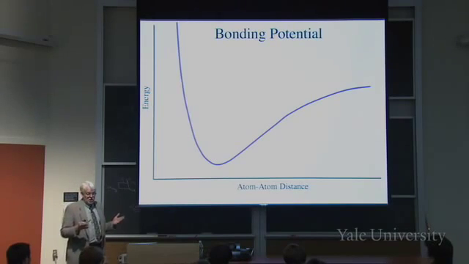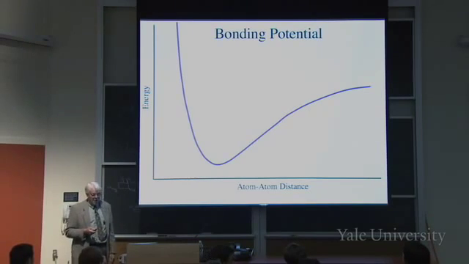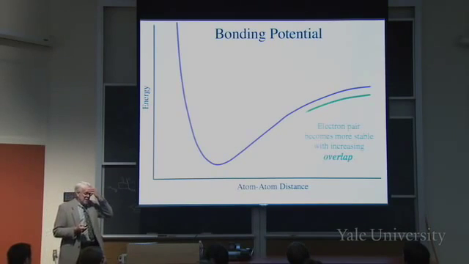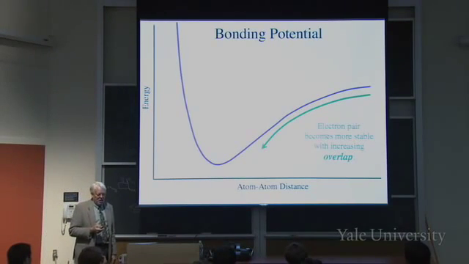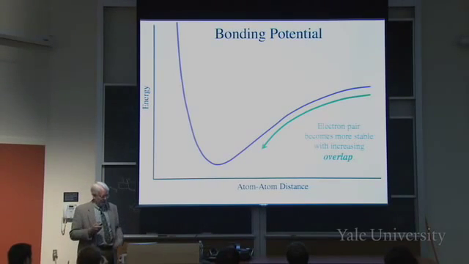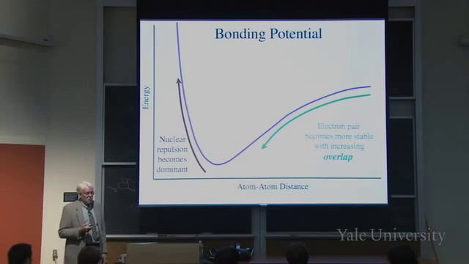Okay, so anyhow, this is the form of the bonding potential, the Morse potential, which was just cobbled together artificially to make it convenient to calculate things and to have reasonable properties for a bond. But now we understand why it should look like that. This first part, the attractive part, is because the electron pair becomes more stable with increasing overlap as the atoms come together. And then the nuclear repulsion becomes dominant when it becomes too close, right?